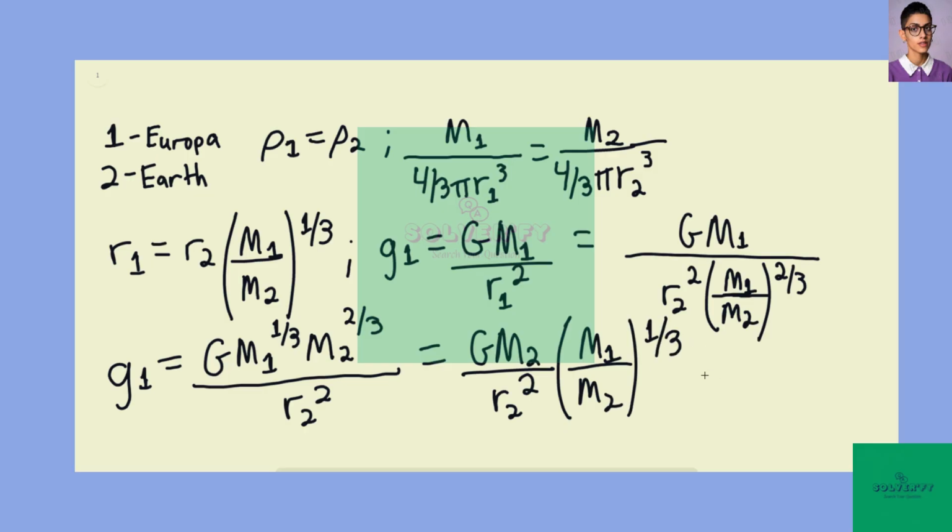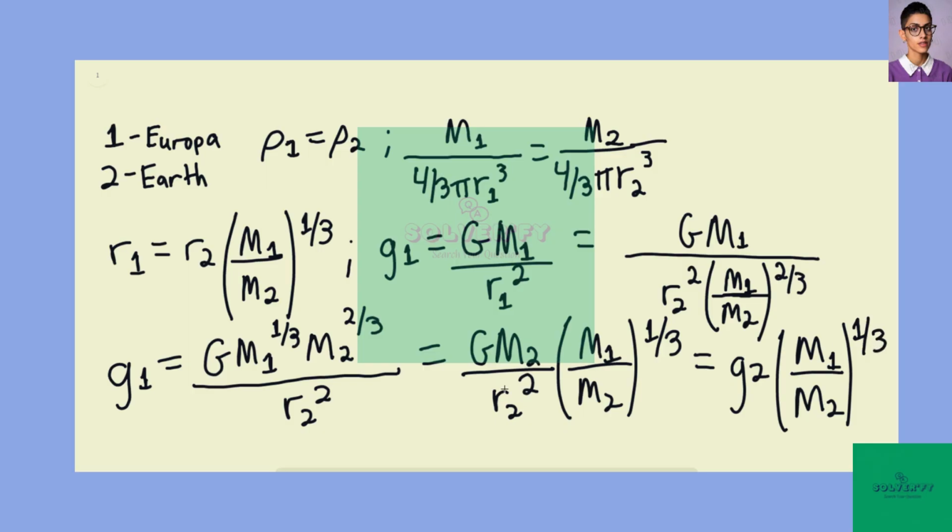So at this point, we wanted to factor these out because we can substitute 9.8 for this, since we know the gravity on Earth's surface. So essentially, the gravity on Europa's surface will be equal to the gravity on Earth's surface times the mass of Europa divided by the mass of Earth to the 1/3 power.